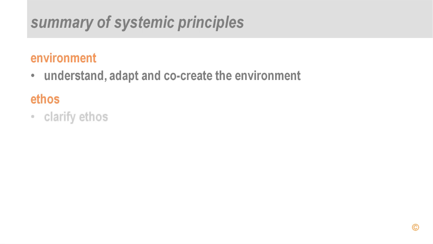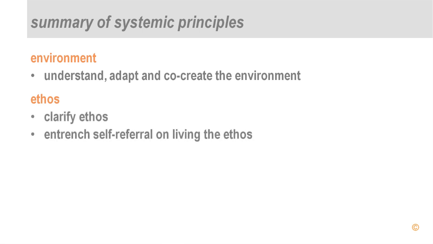It should clarify its ethos, entrench self-referral so that the system can live its ethos, and it must be able to manage congruence of ethos with its environment and its stakeholders, and be able to mediate in conflict situations where there is ethos incongruence.